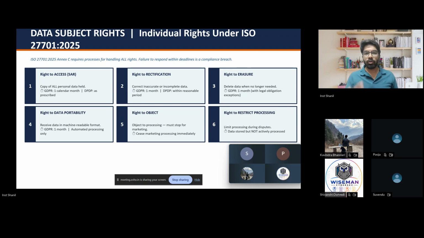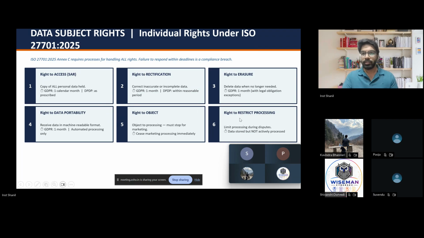If you scroll down to the marketing emails, there will be an option to unsubscribe. Have you seen it? So there is always an option to unsubscribe from marketing emails from a particular company, right? It will cease marketing processing immediately. Once you click on that, you will stop receiving all the marketing related communications from that company.